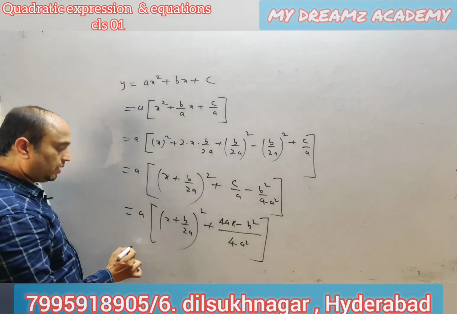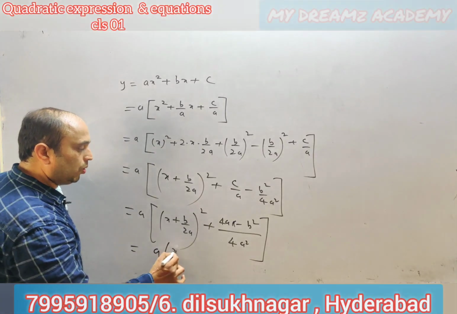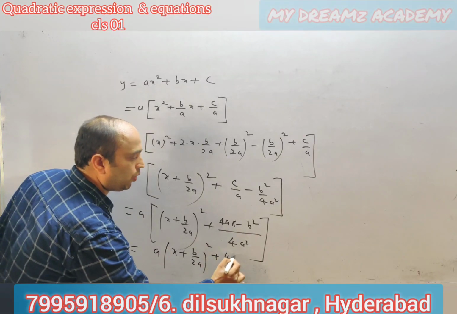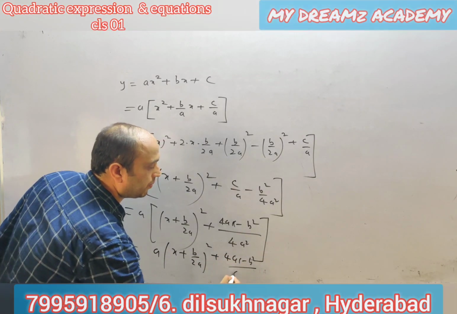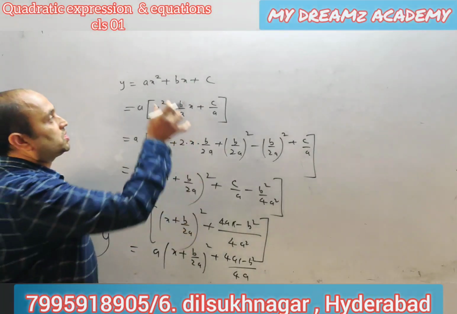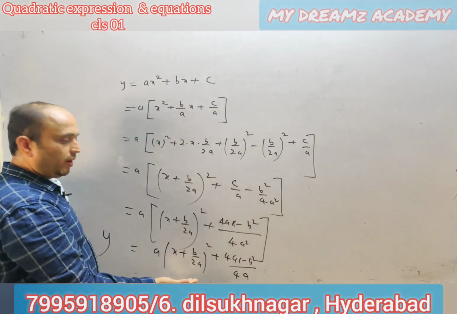So we get a into x plus b by 2a whole square plus 4ac minus b square by 4a. This is the y value of the quadratic expression.